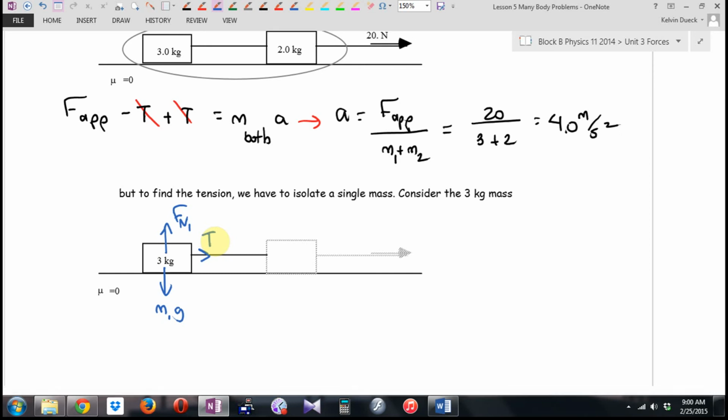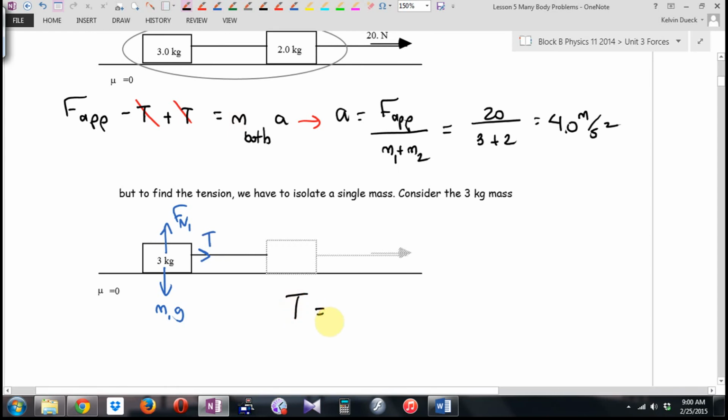Looking at that mass, which direction is it accelerating? So who's winning? Tension. Who's losing? It's a trick question. Is there anything pointing to the left on mass 1? Nothing.